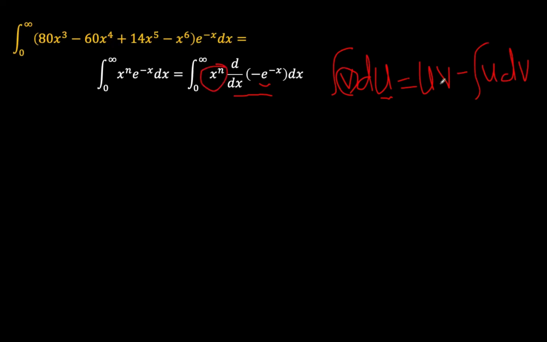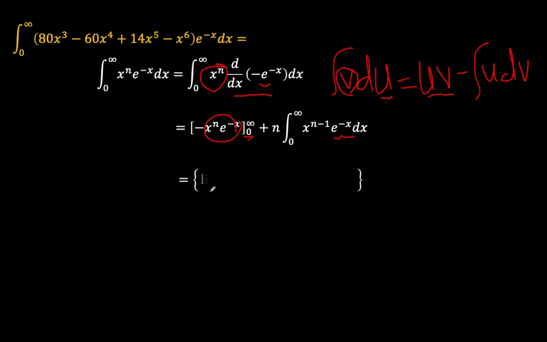Therefore the product UV is negative e to the power negative x times x to the power n, applying the limits appropriately, minus, and since we have this negative here, plus n x to the power n minus 1, which is the derivative of x to the power n, times e to the power negative x.